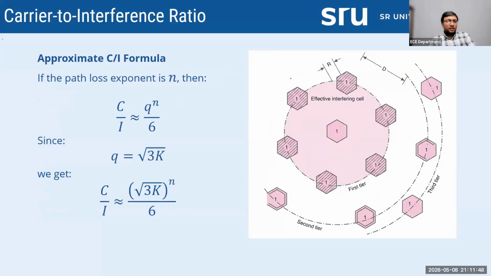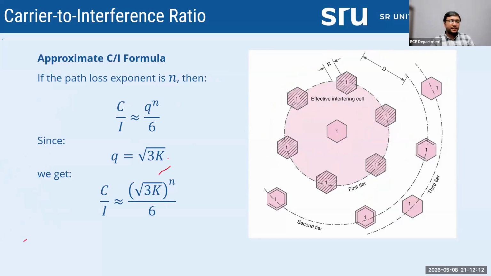Okay. So I have a simplified formula for this carrier to interference ratio, and you must remember this. C by I is equal to Q to the power N divided by 6. Why 6?